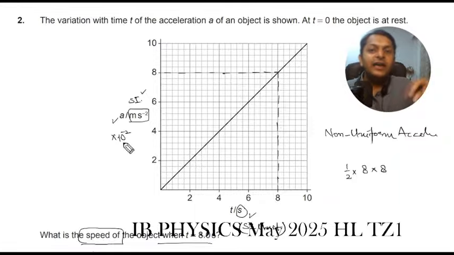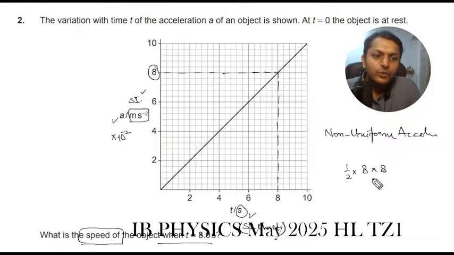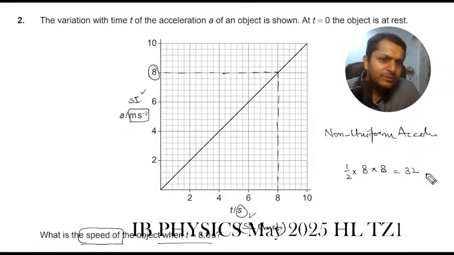It is written in the units here. So usually students pick this value like it is 8, so you just go for half into 8 into 8 and you get the wrong answer. Why? Because you forgot to have the multiplying factor in your calculation. But in this case, clearly there is no multiplying factor, so that doesn't matter. So your answer will be 64 divided by 2 and that will be 32.